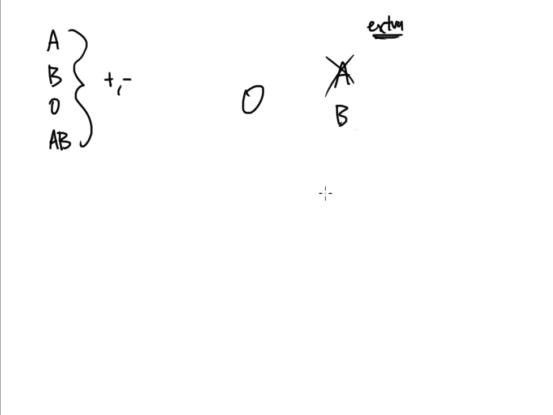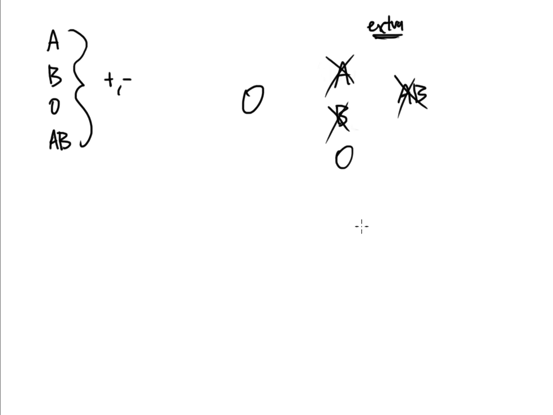If I bring in B, B is not going to cut it either. And then if I bring in O, that looks like that's going to be the only one that matches, right? Now, don't forget, we also have ABs as well. And ABs has both, so what makes you think that we can take something that has both? It's not going to work.